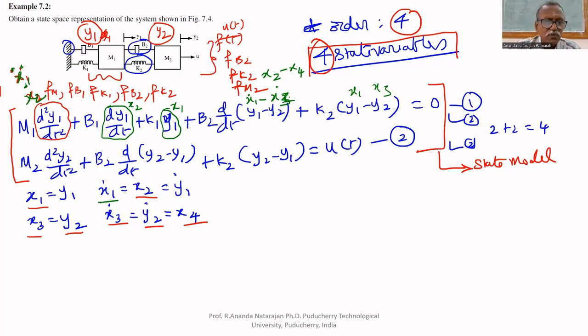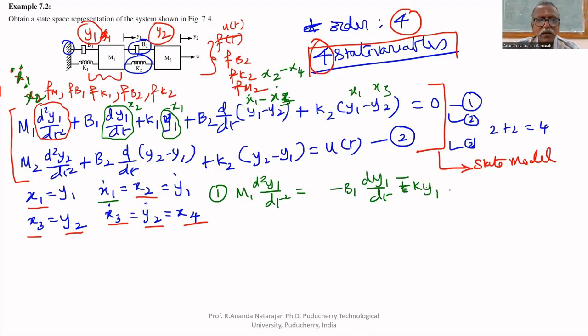Before converting this, the first equation can be written as m1 d square y1 by dt square equal to minus b1 dy1 by dt minus k1 y1 minus b2 d by dt of y1 minus y2 minus k2 times y1 minus y2.